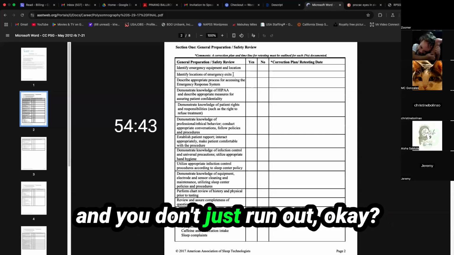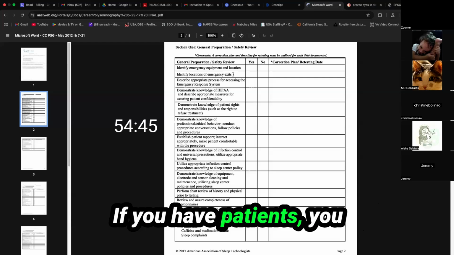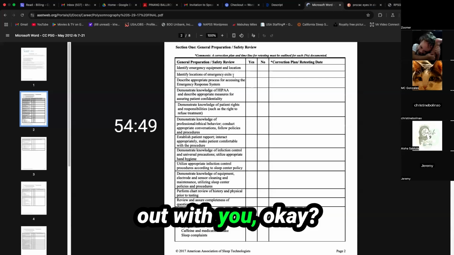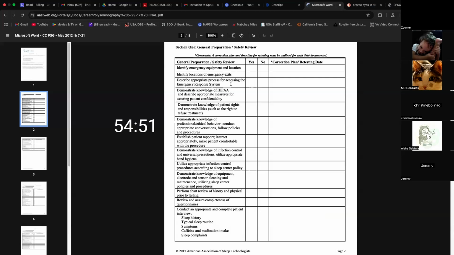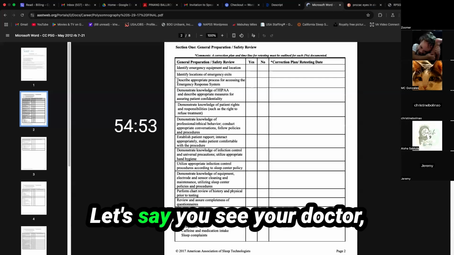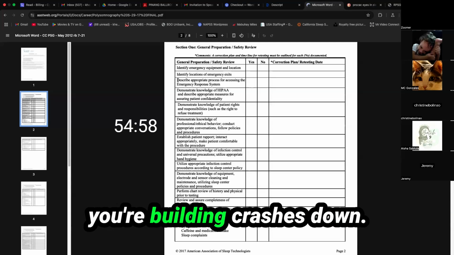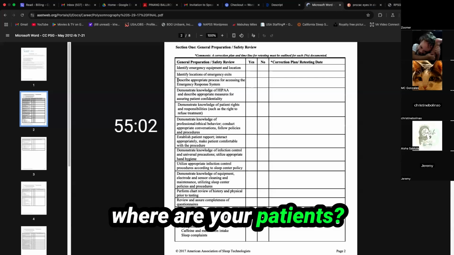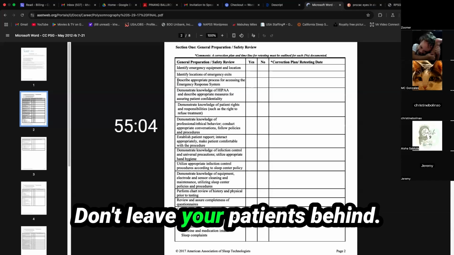And you don't just run out. If you have patients, you have to get the patients out with you. Let's say you and your doctor are both outside, and then your building crashes down. And wait a minute, where are your patients? Don't leave your patients behind.